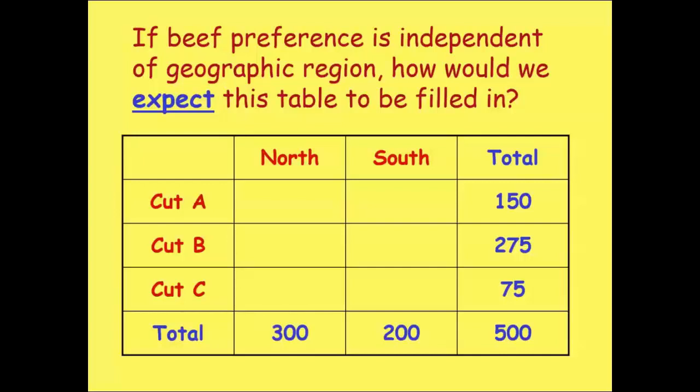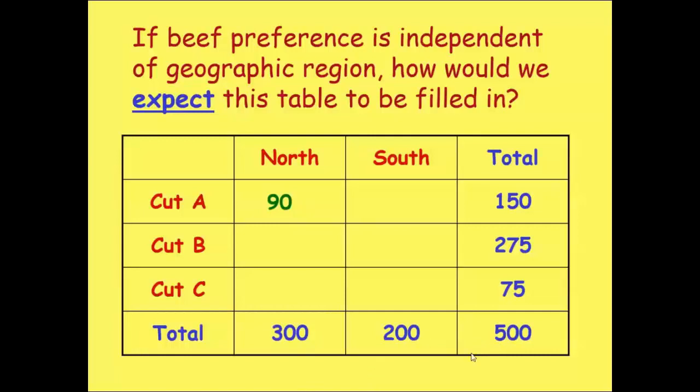Okay, so now notice that if I just look from north to south, 3/5 prefer north. So what is 3/5 of 150? If we just type in 3 times 150 divided by 5, we should get 90. And then south would be 2/5.